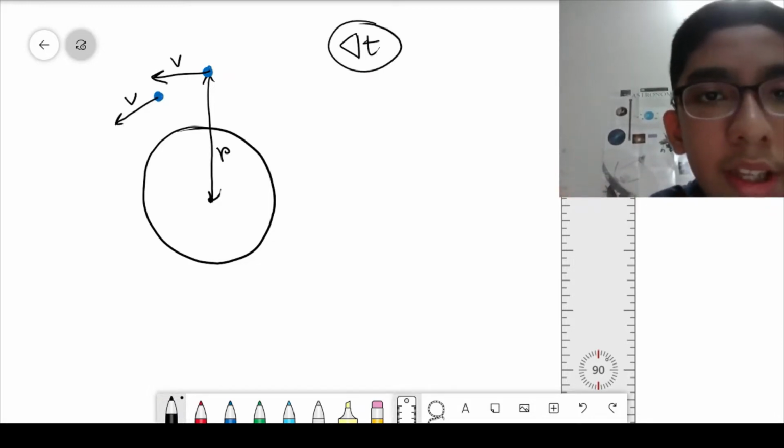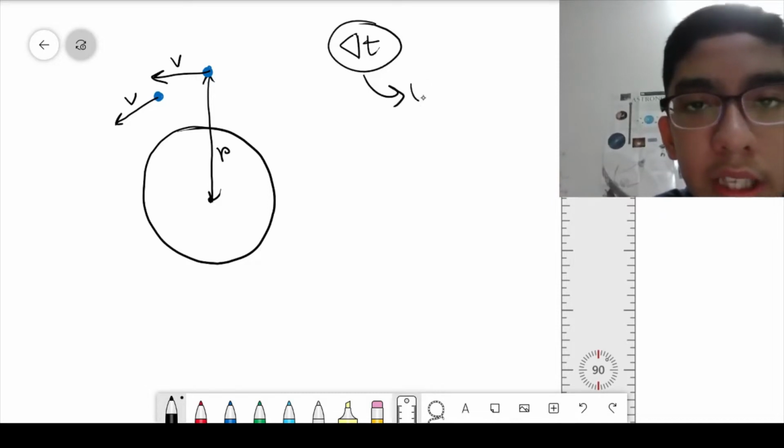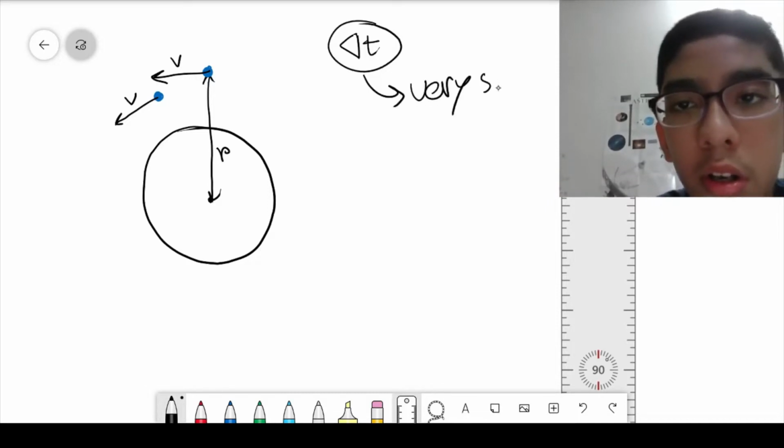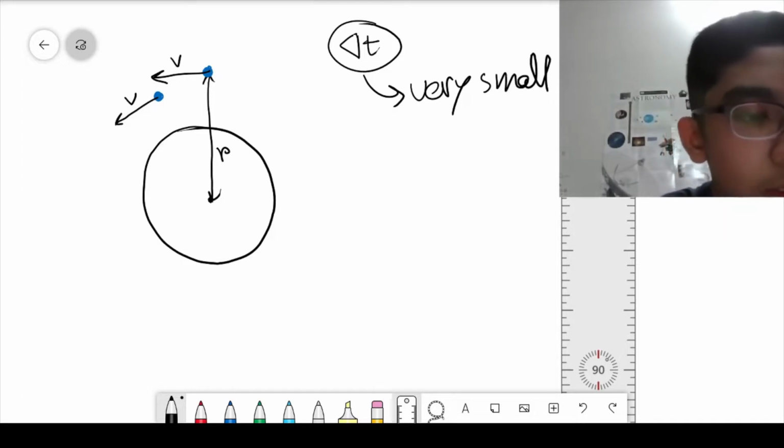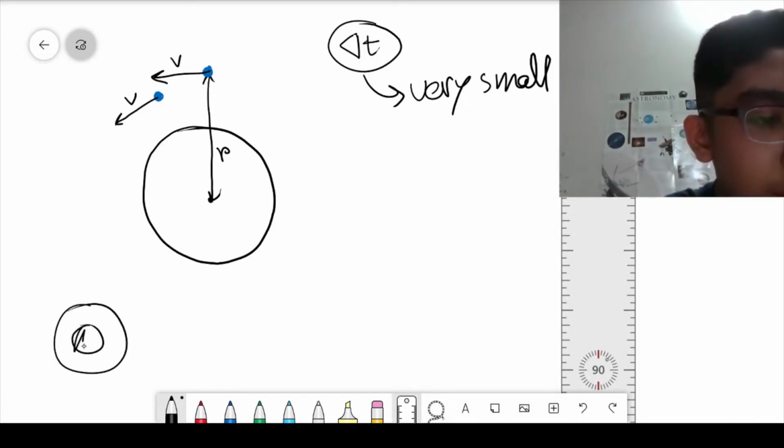Now we say that this delta t is very small. We know that the orbit of the object is circular.